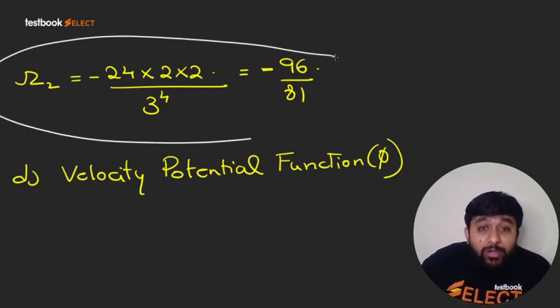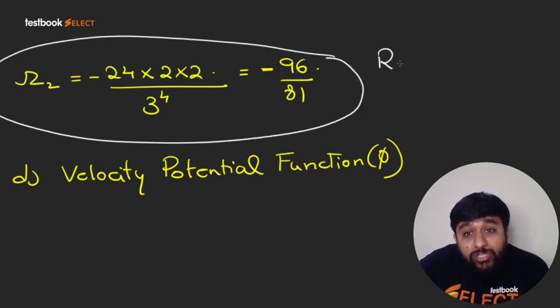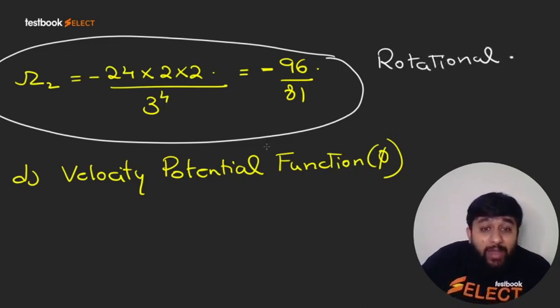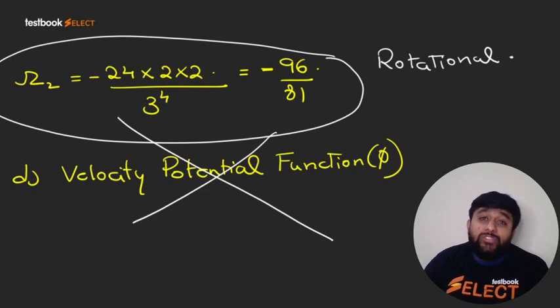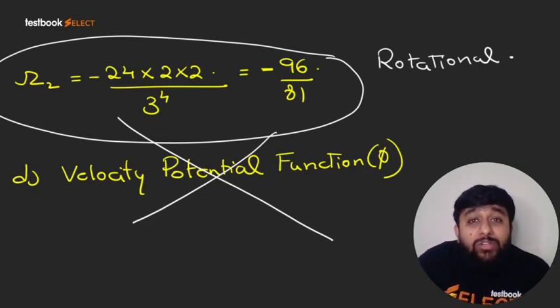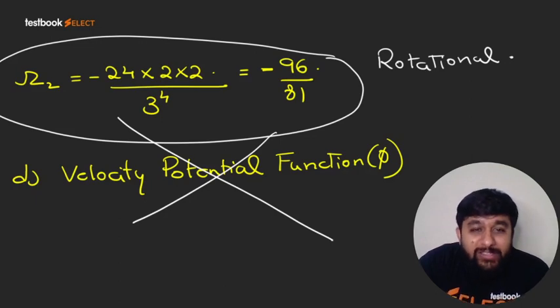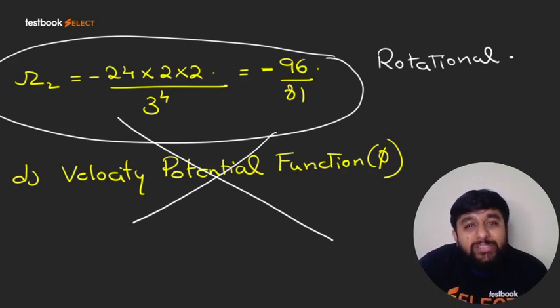Is this flow irrotational? No, this is a rotational flow. So if this is a rotational flow, you cannot define the velocity potential function. So you cannot find out the value of phi in this case, right? Anyways, I hope the question is clear to you. These are the kind of questions that you will get from stream function.